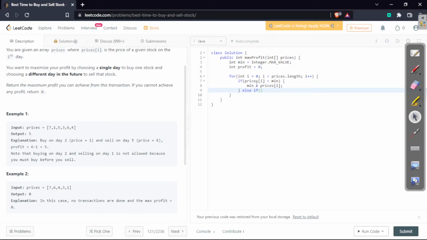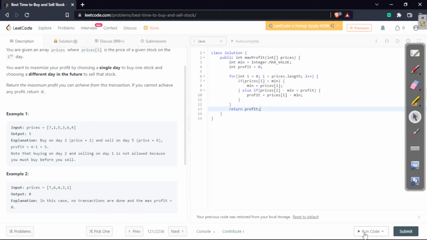So if prices[i] minus minimum is greater than profit, then we change profit to the value at which it is sold minus the value at which it is bought, and at last we would return the profit.